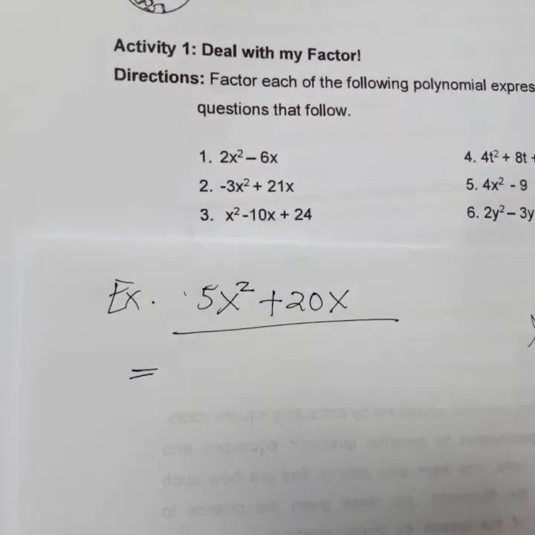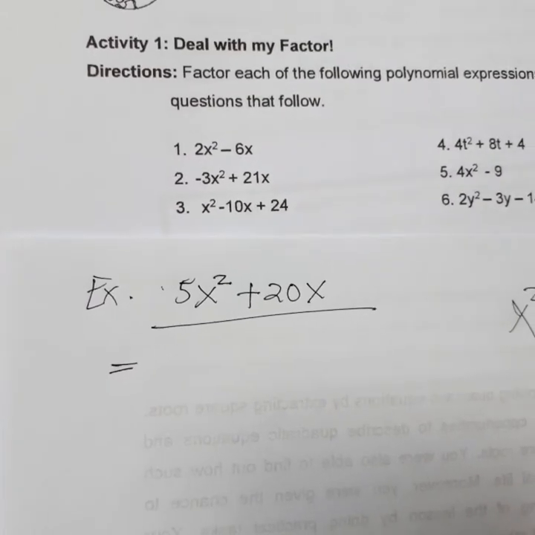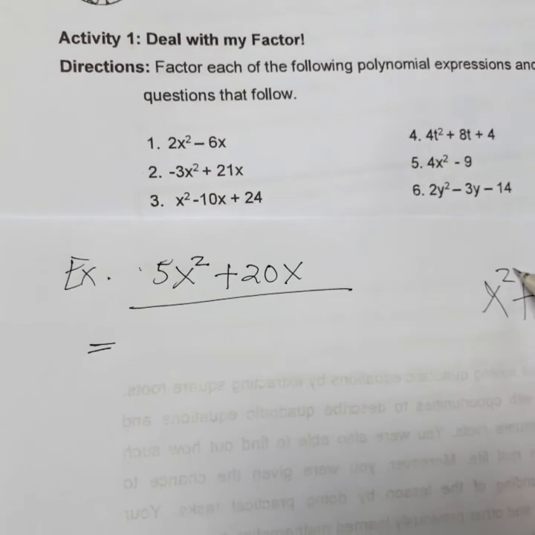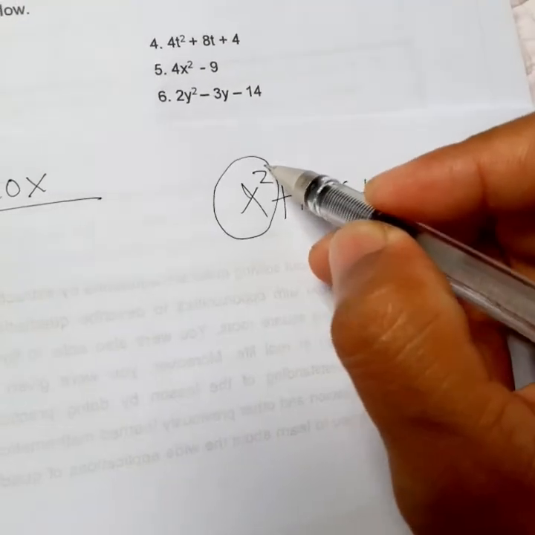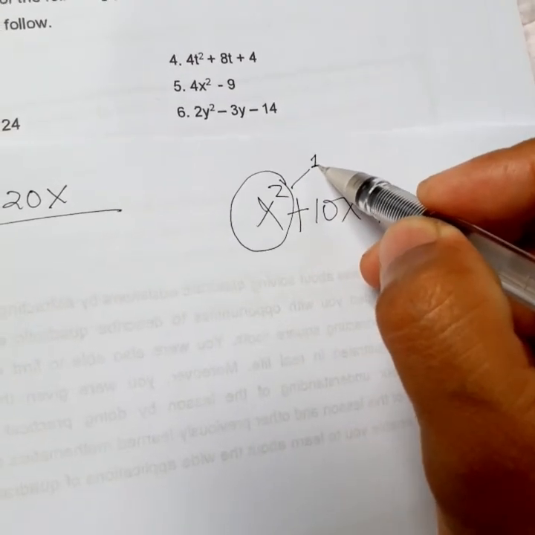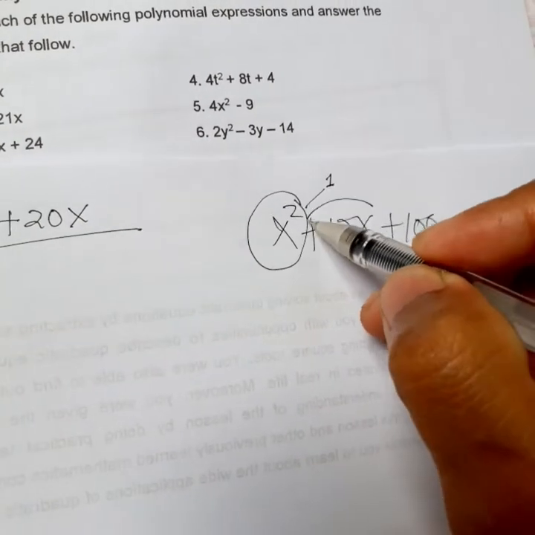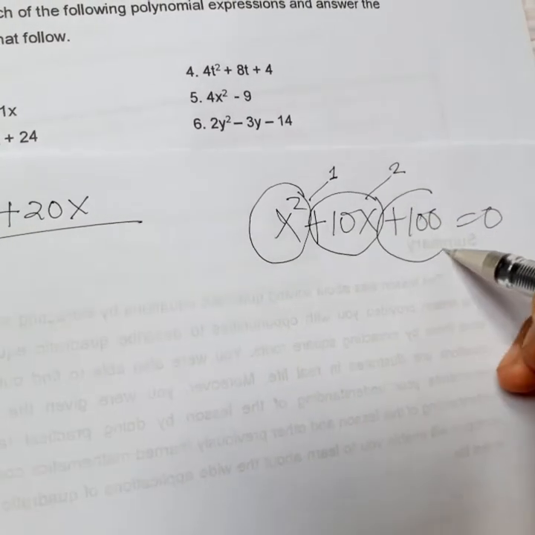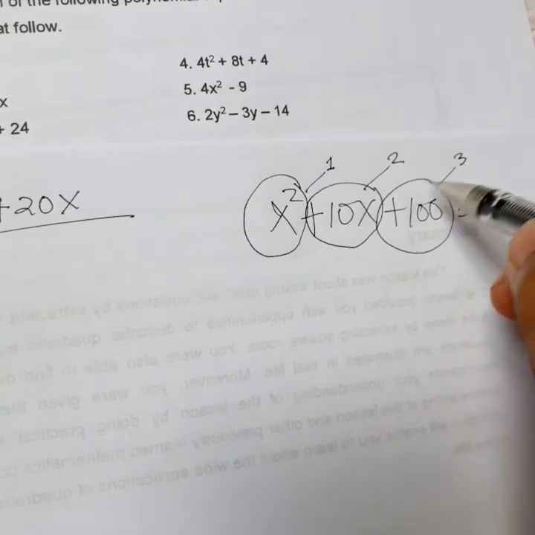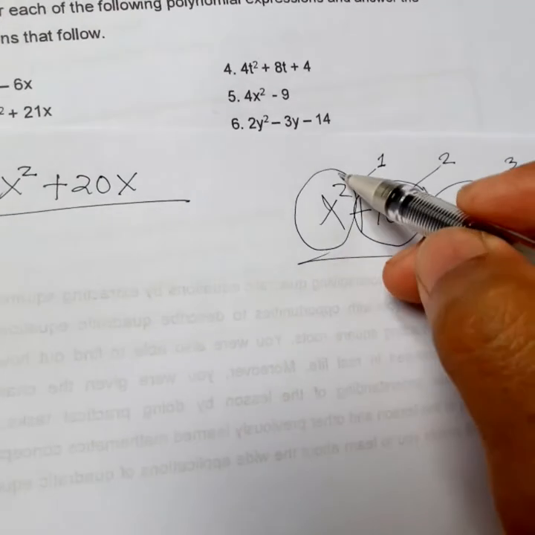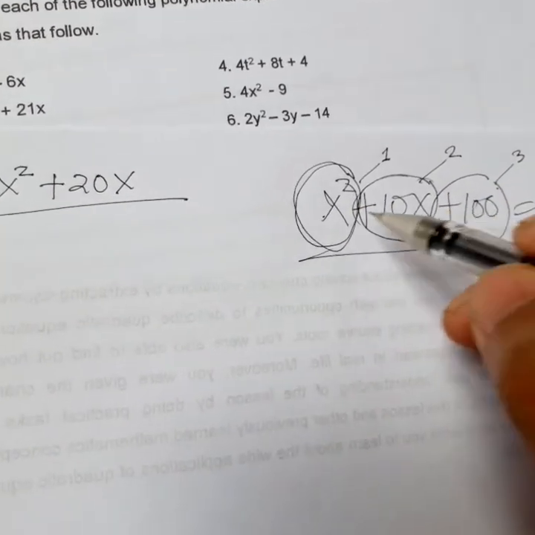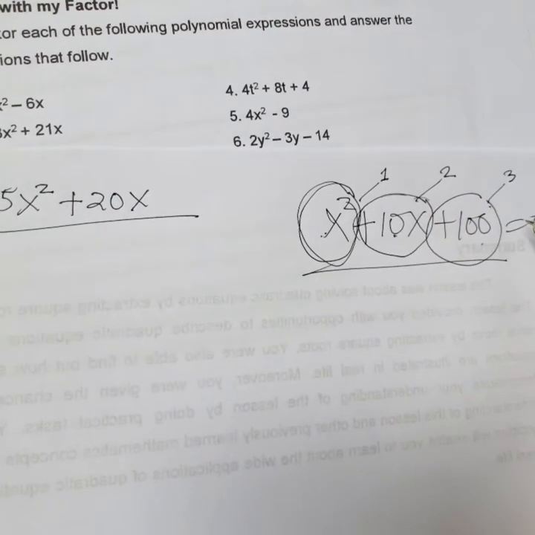Example, we have x squared plus 10x plus 100 equals 0. Kani si x squared, isa na siya ka term. First term. Kani, second term. Kani, third term. Isa, duha, tulo. Tulo ka term.